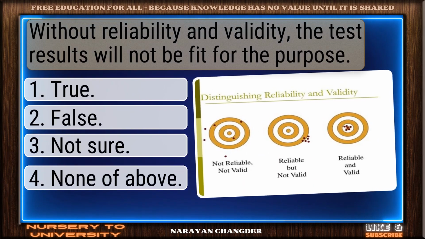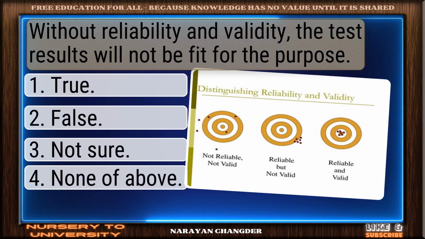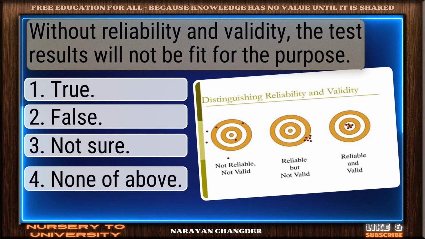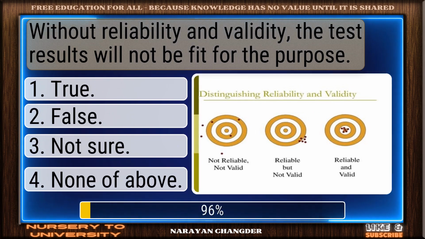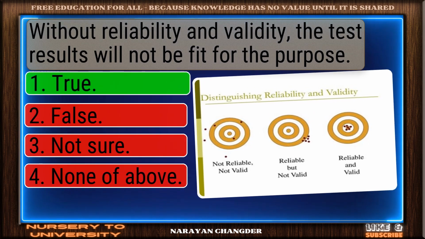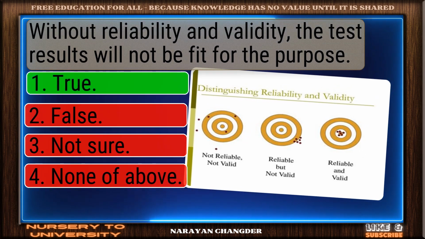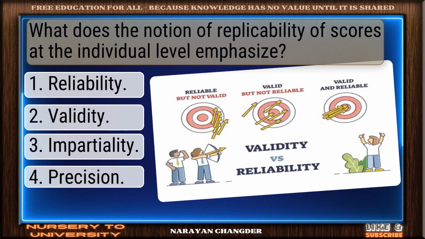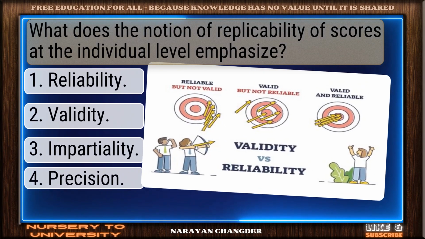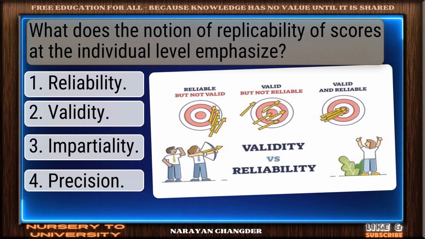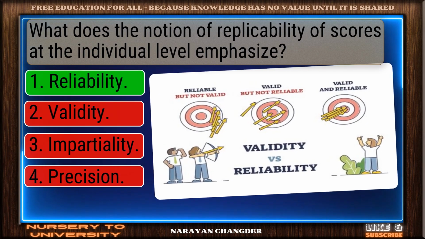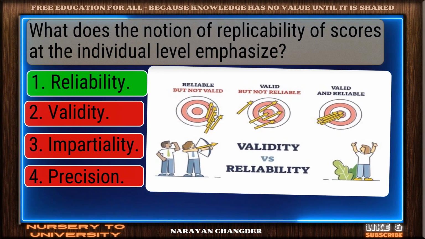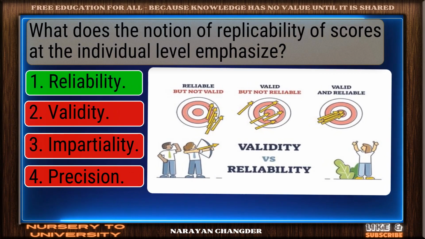Without reliability and validity, the test results will not be fit for the purpose. Nice work. You chose true, and it is correct. What does the notion of replicability of scores at the individual level emphasize? Well done. Reliability is the right choice.